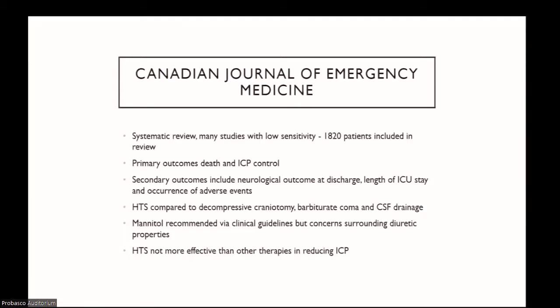The Canadian Journal of Emergency Medicine found that neither were profoundly useful in improving ICP and cerebral edema. Essentially, they say that hypertonic isn't really effective at all, and mannitol they could recommend, but they were wary of the risk of the diuretic effects and the effects on the kidneys with mannitol as well. The risk of ATN.